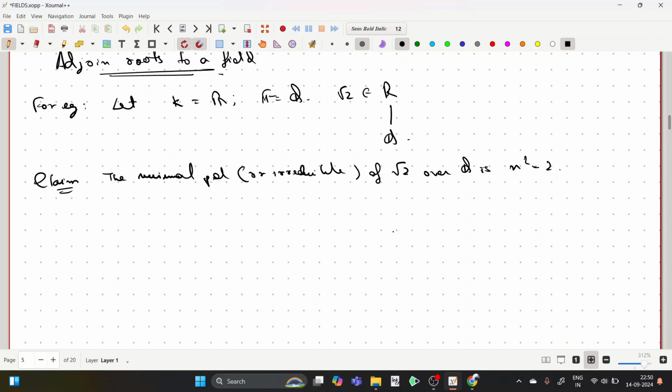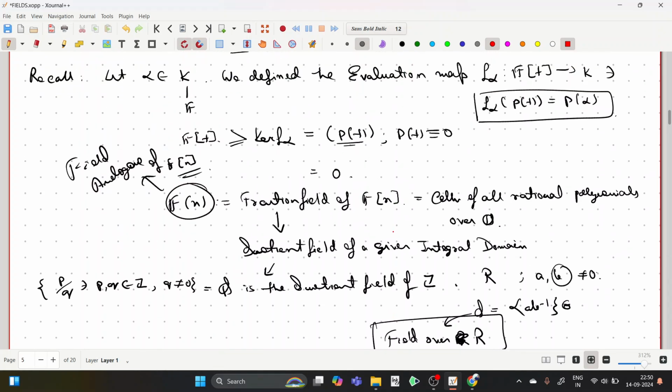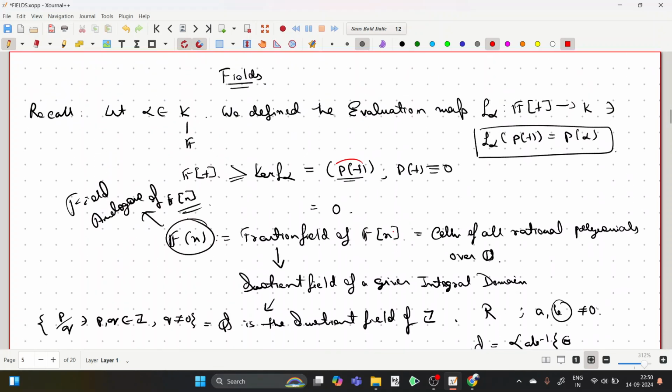Let me just recall how we used to define the irreducible polynomials. This p_t is called the irreducible polynomial of this element alpha. Provided a substitution map with respect to some element taken from the field extension, I take into consideration the kernel.